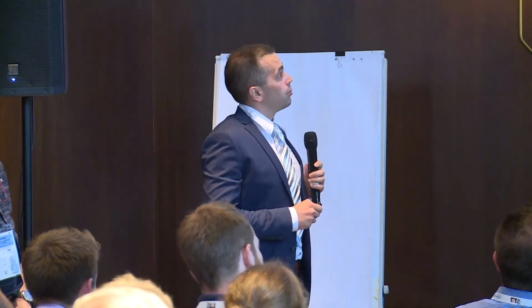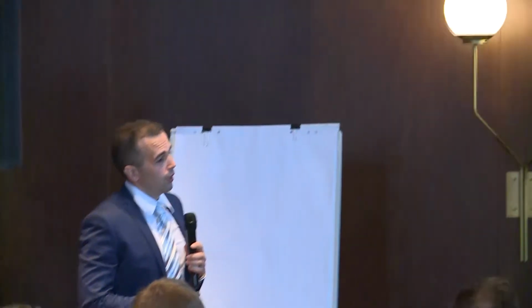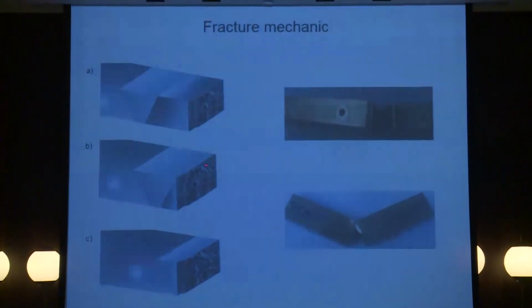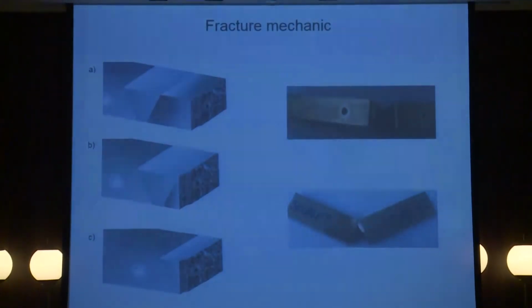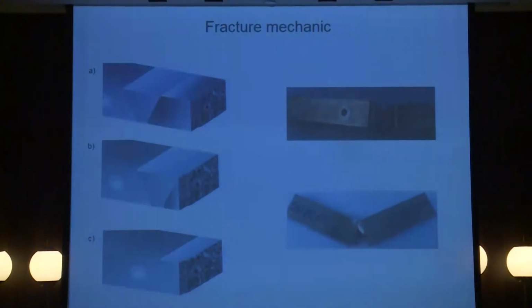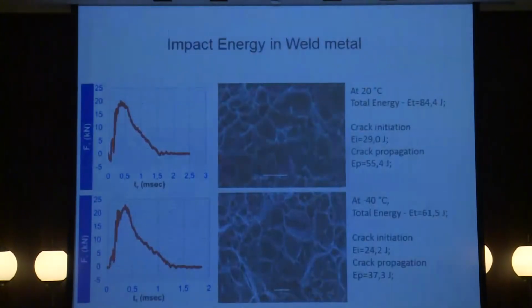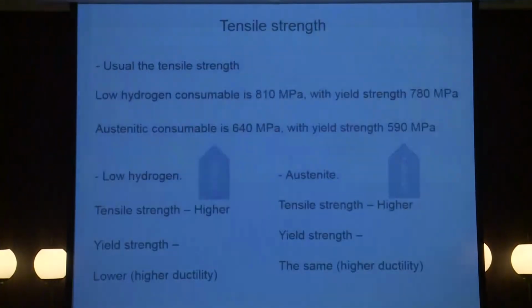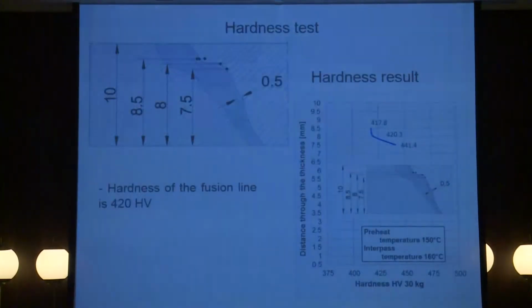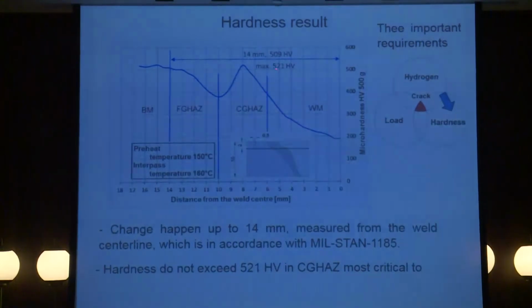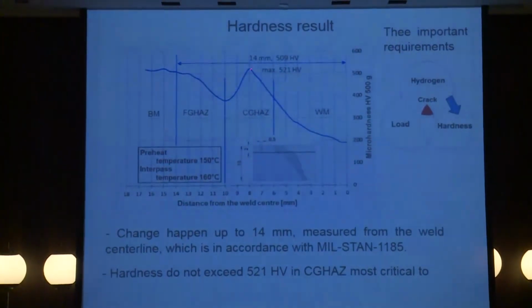As we performed fracture mechanics testing, we also did fatigue testing in the base metal, heat affected zone, and weld metal. The best results were in this part of the weld metal. It was also very important in this research to get 521 hardness in this position.